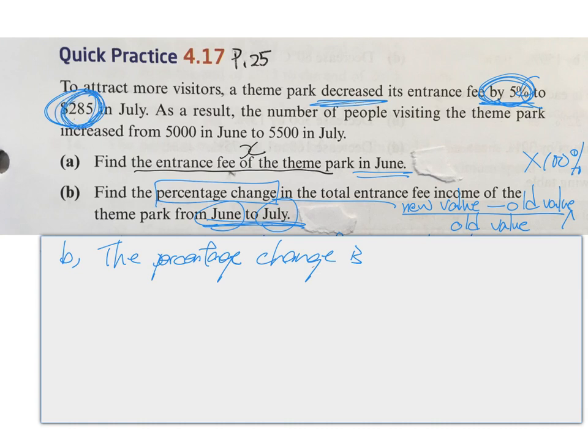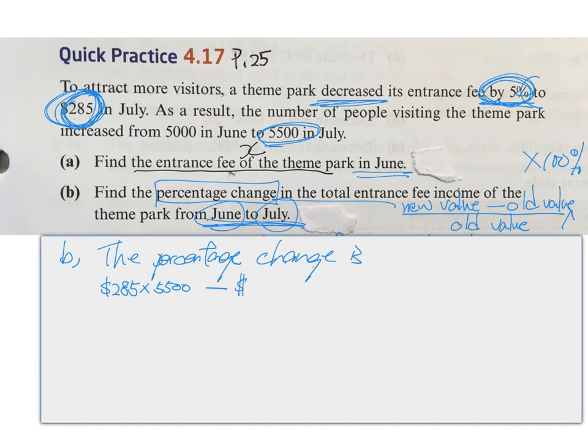The new value is $285. How many visitors in July? 5,500. So the new value of the total entrance fee should be $285 times the number of visitors, minus the original value.